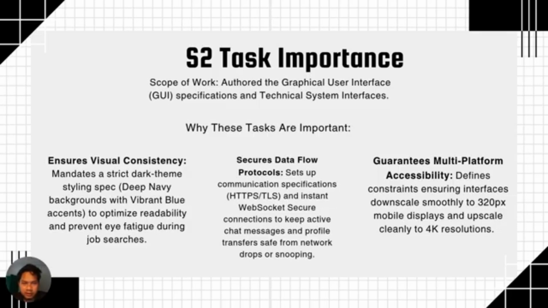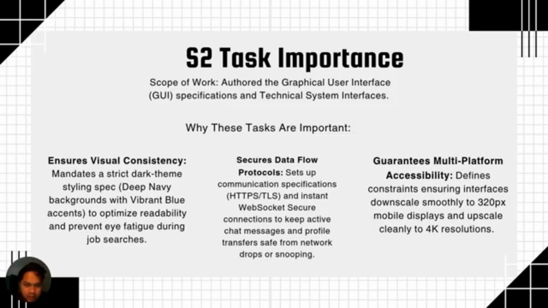Assalamualaikum and hi, my name is Muhammad Ahmad Khalid. So, Section 2 task importance. Scope of work: the graphical user interface, GUI, specifications and technical system interfaces. Why are these tasks important? First, to ensure visual consistency, it mandates a strict dark theme styling spec, deep navy background with vibrant blue accents to optimize readability and prevent eye fatigue during job search.